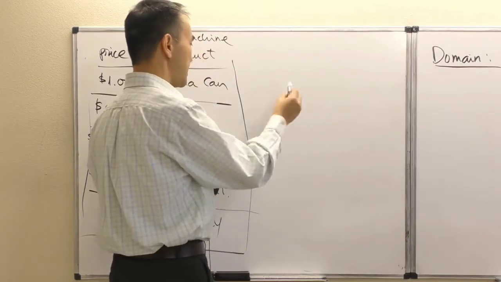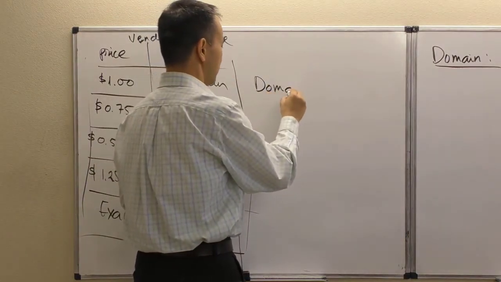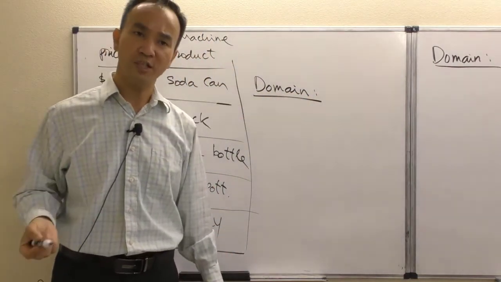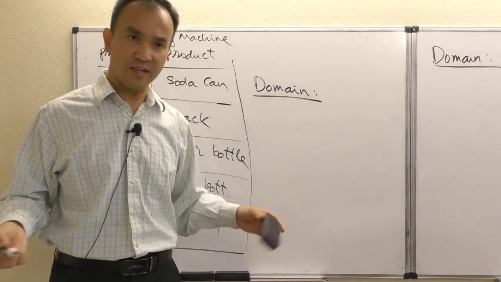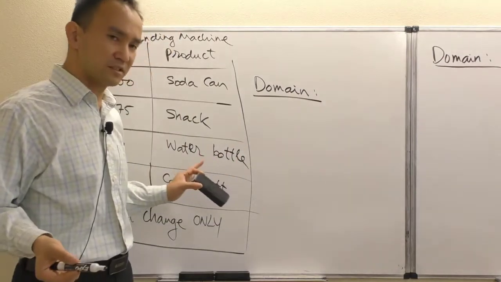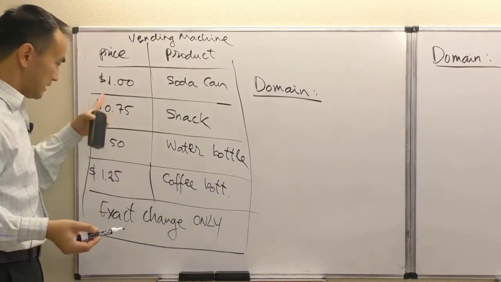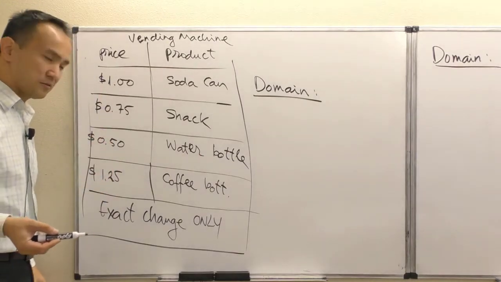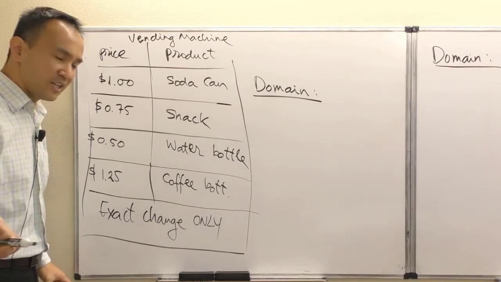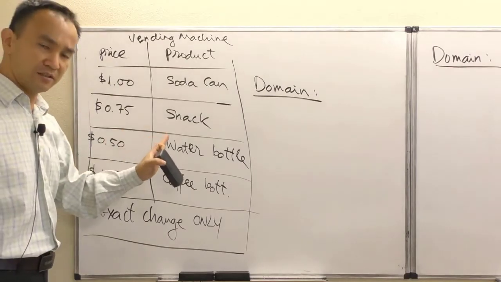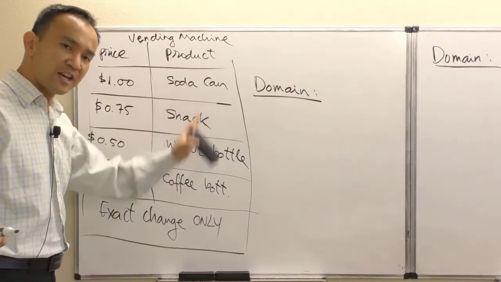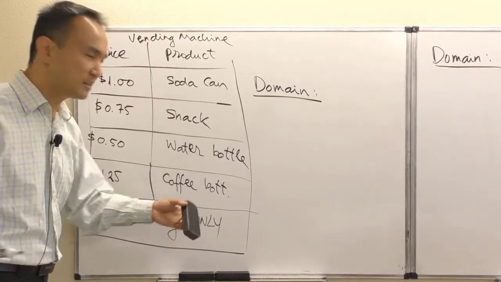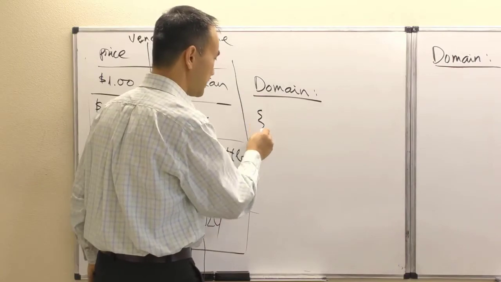Now here is a slightly different situation where we cannot use interval notation, because these are discrete input values. So very commonly, anytime your function is given and represented as a table like this, we have to express the domain in set notation.